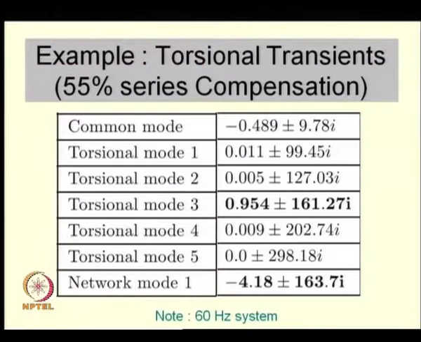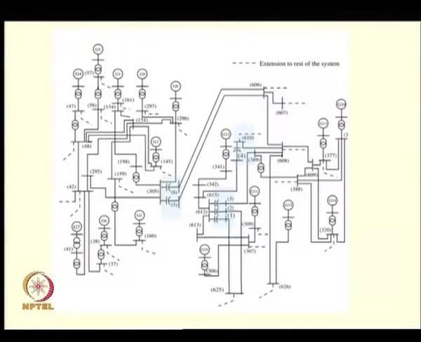Now, there are some other situations where the last word has not been said on this. For example, in a practical situation, you can have several series compensated lines. You have 1, 2, 3, 4, 5, 6 series compensated lines in this network and several generators. Each generator, these round things, may itself be several units of a power plant.